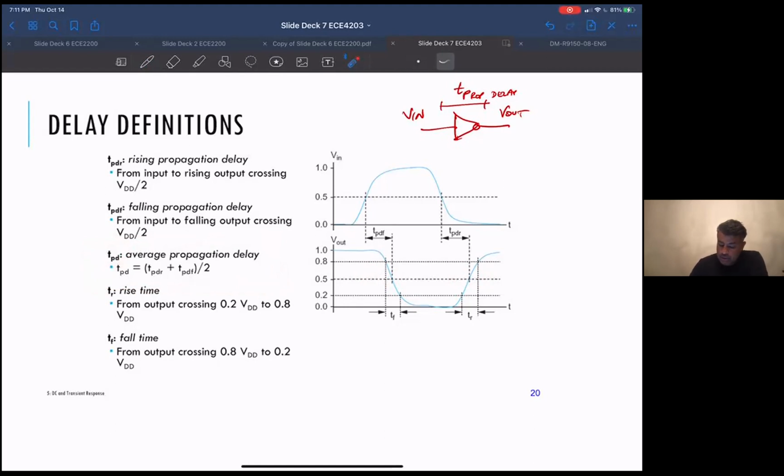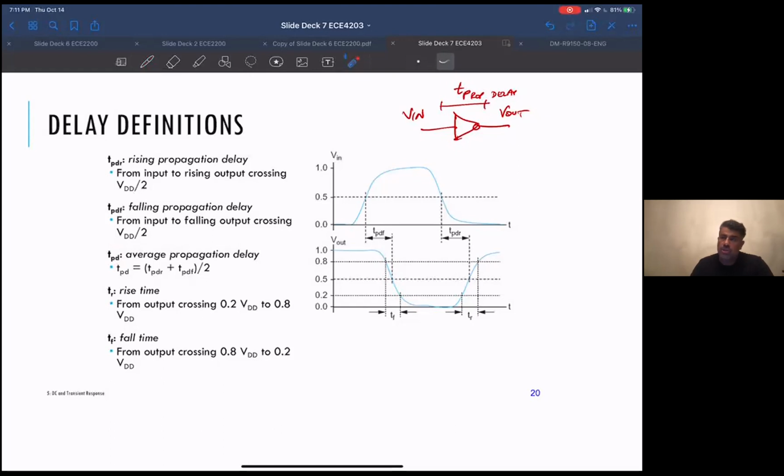And then you also have the rise and fall times, okay, which are just on the output itself. So now you're not talking about the input changing. Those are defined either from 10% to 90%, or in this case, from 20% to 80%.